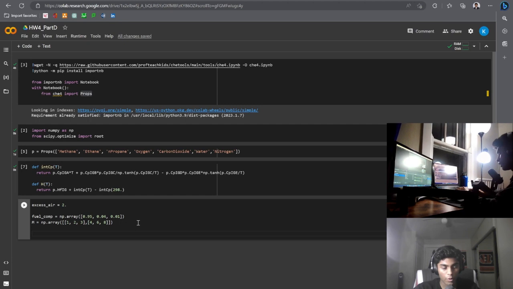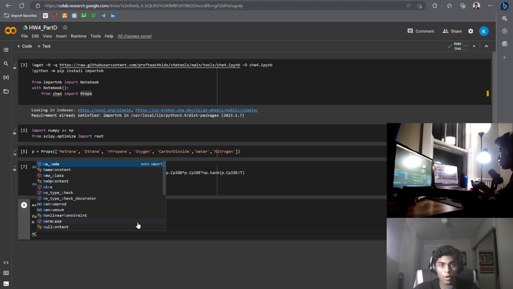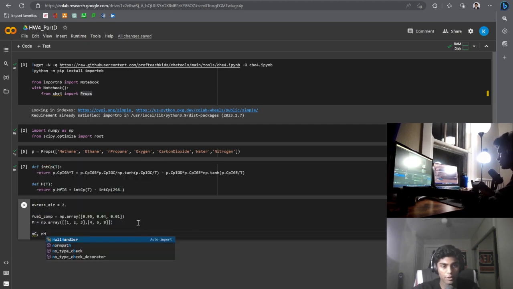So we're going to get the number of moles of carbon first and then the number of moles of hydrogen. So we're going to unpack this matrix multiplication. It's going to be M, and then at is the matrix multiplication symbol, and then fuel comp.